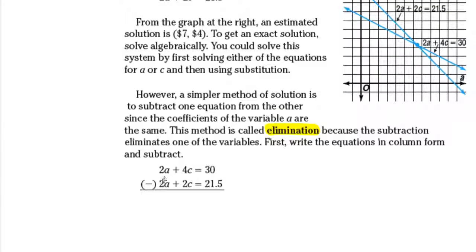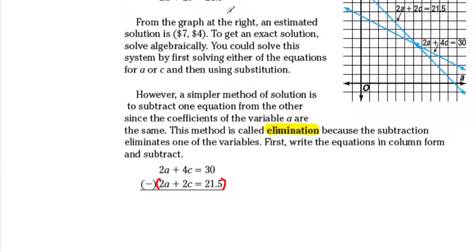So if we subtract 2a plus 2c equals 21.5 from 2a plus 4c equals 30, you need to remember that when you're subtracting something like this, there should be parentheses.